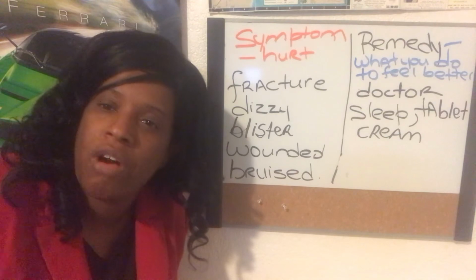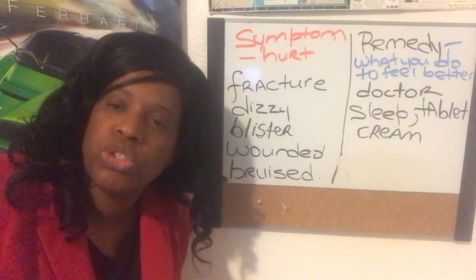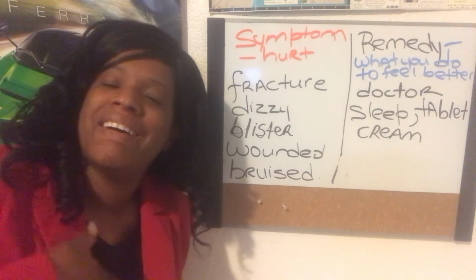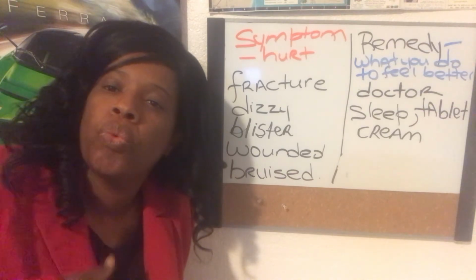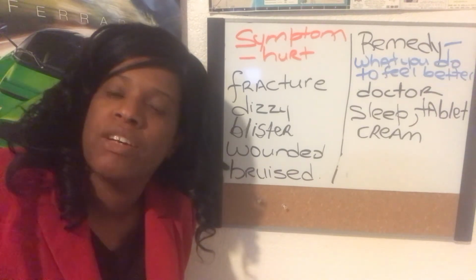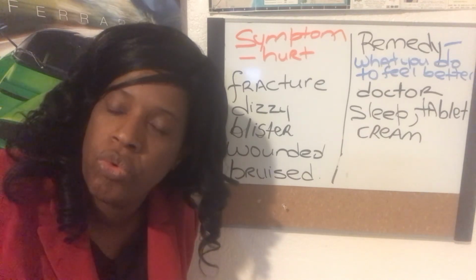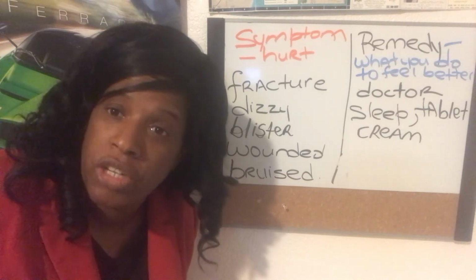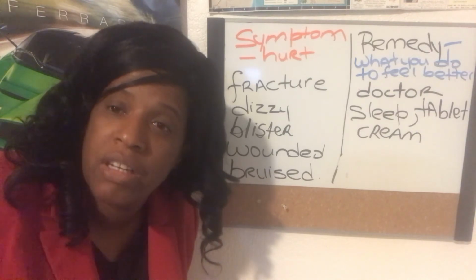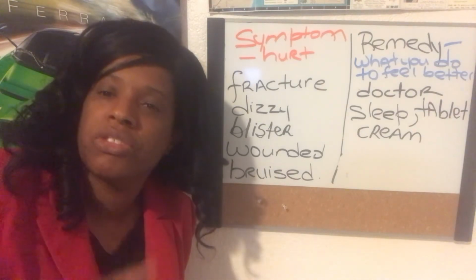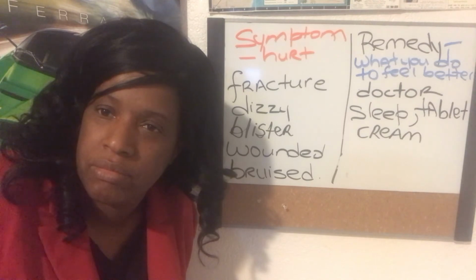So when you hear songs like that, those songs are talking about wounded on the inside. Those are emotional wounds. So when you hear people in the church sing those songs, they're talking about emotions, feelings.